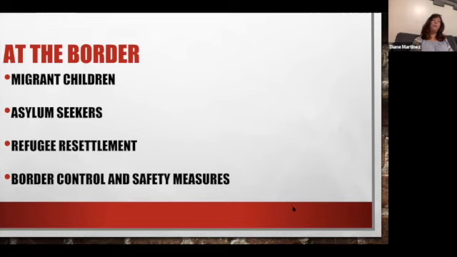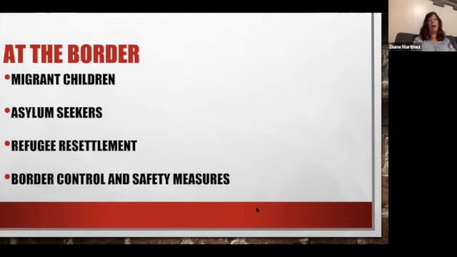At our highest before, it was around 80,000 people. So in the next year, that is what we're looking for. And there are countries that get approved for these refugee resettlements.